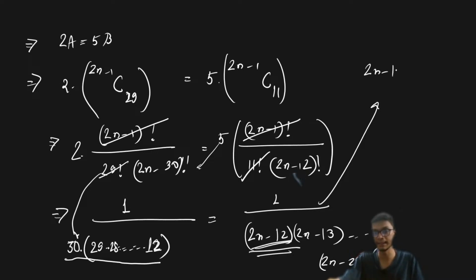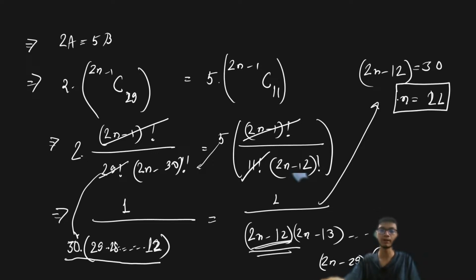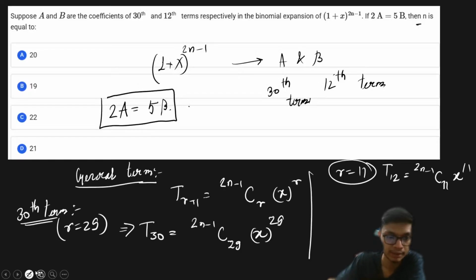So n minus 12 is equal to 30, and from here our n is going to be equal to 21. If you put n equal to 21, you'll see that the LHS is equal to the RHS. So the value of n comes out as option number D.